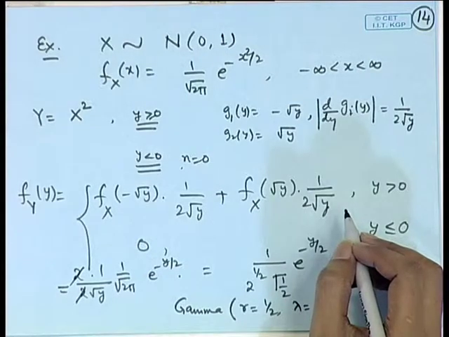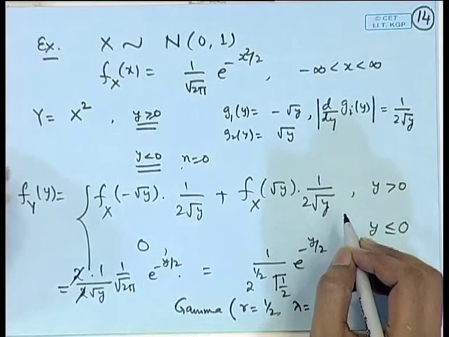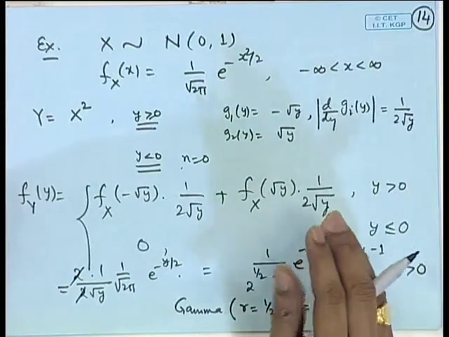Now, sometimes it may happen that in place of a finite number of inverse images, we have an infinite number of inverse images. That may happen in cases such as periodic functions, which are trigonometric functions such as the sine function or cos function, etcetera. So, the theorem can be extended here.